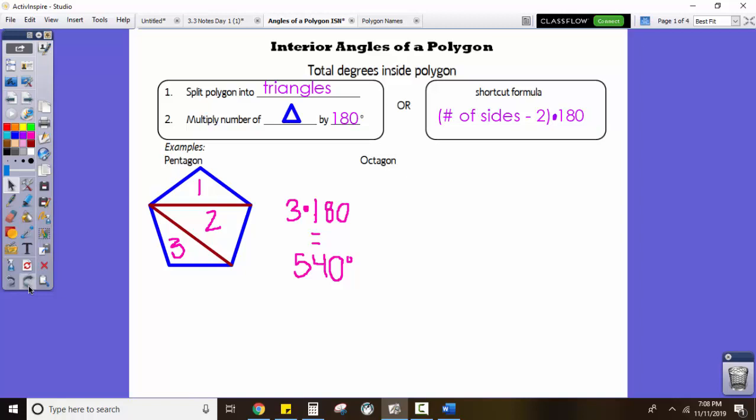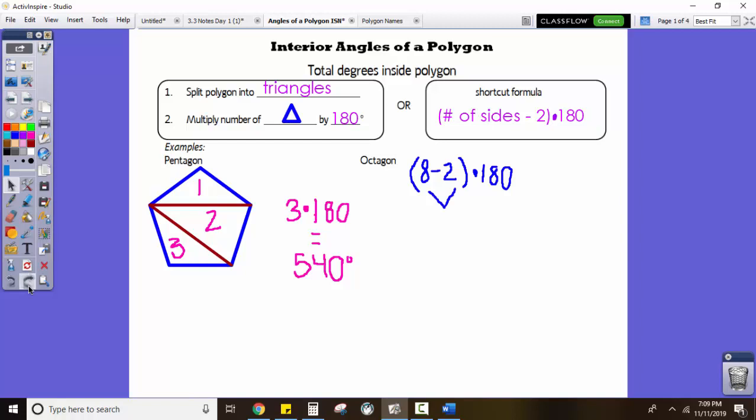So if we do an example with the octagon, I don't even have to draw out the octagon, but I know that an octagon has 8 sides. And so I do 8 minus 2 times 180. And first I have to do 8 minus 2 first, so always subtract 2 from the number of sides.